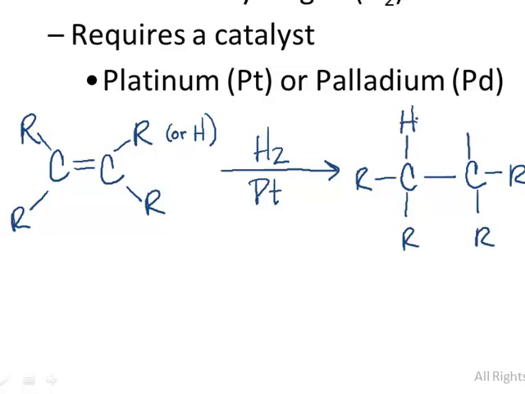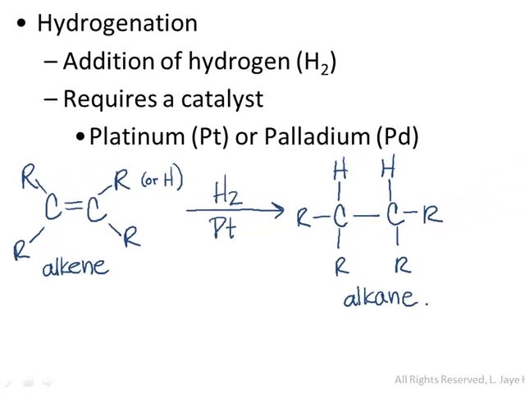Each one of these bonds will now go to a hydrogen. So the net result of this reaction is that you start with an alkene molecule and you end with an alkane. This can also turn unsaturated molecules, including unsaturated fats, into saturated fats. Let's try an example.